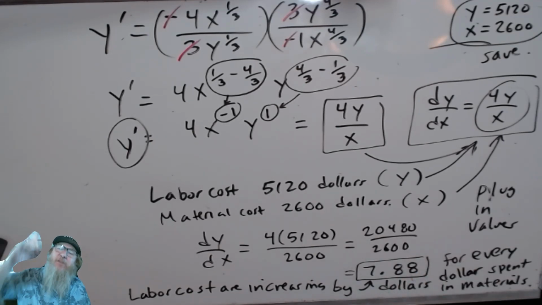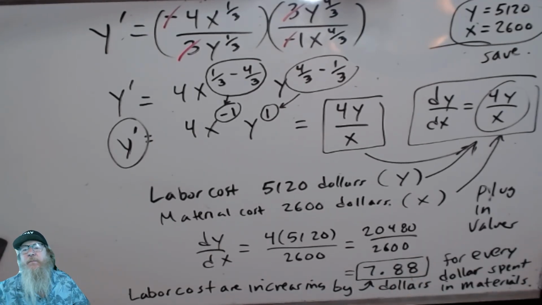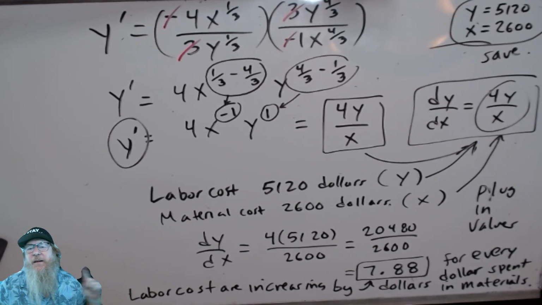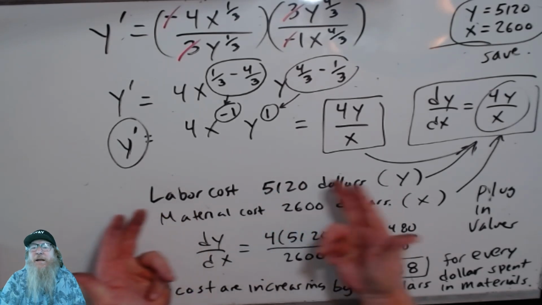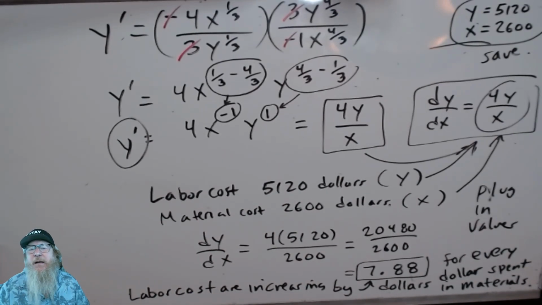The labor costs are increasing, which is good for the workers. Hopefully they're passing the cost on to the... I mean, you're assuming that labor cost means that your employees are getting paid this much money.